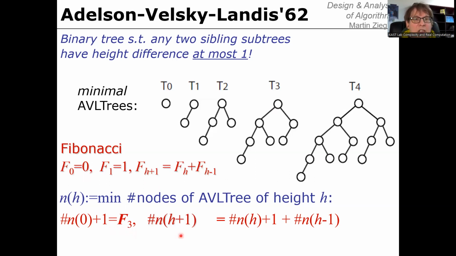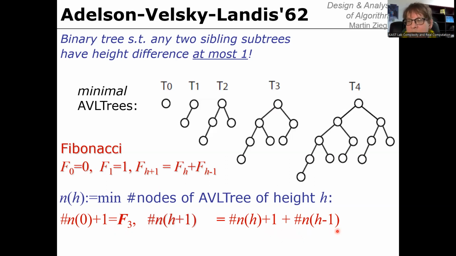And then on the induction step, the minimal number of nodes of an AVL tree of height h plus 1 is the number of nodes of a minimal AVL tree of height h plus the number of nodes of a minimal AVL tree of height h minus 1.